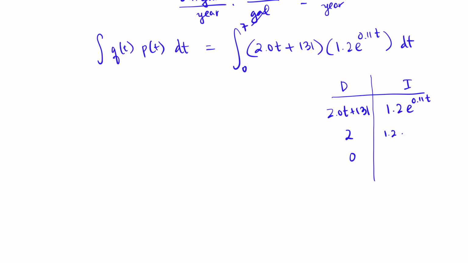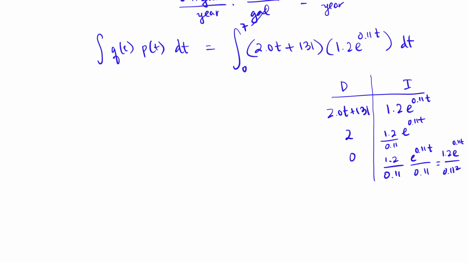And the antiderivative of e to the 0.11T is e to the 0.11T divided by 0.11. 1.2 divided by 0.11 is now a constant multiple, so we rewrite it. And the antiderivative of e to the 0.11T is e to the 0.11T divided by 0.11. Simplifying this, we'll get 1.2 e to the 0.11T over 0.11 squared.